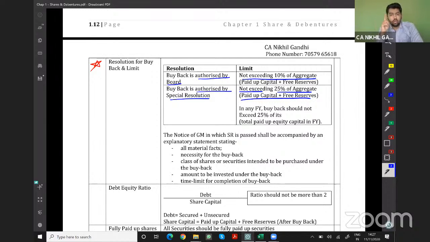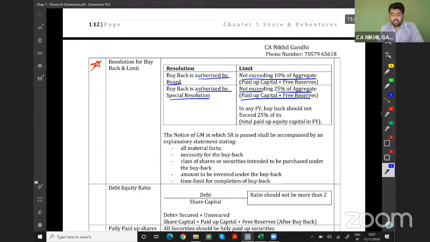So if we have received only board resolution, the limit is up to 10%. If we have passed special resolution, the limit has been increased to 25%. 25% of what? Paid up capital and free reserves.